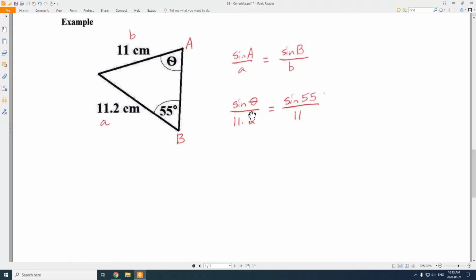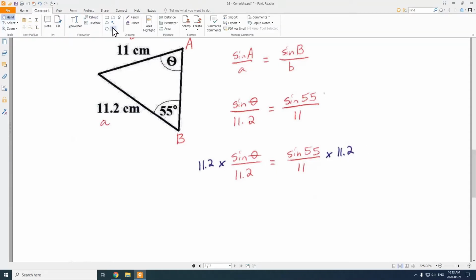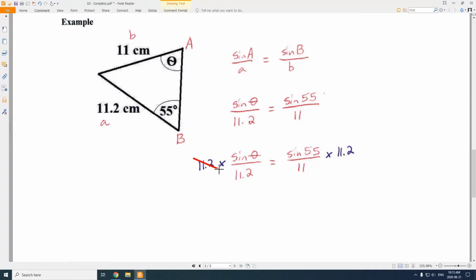We need to eventually get that theta by itself, right? Let's write it one more time. To get theta by itself, we need to move everything else over. Let's start by moving that 11.2. Right now 11.2 is dividing, so we will multiply 11.2 on both sides. That will cancel it out here.